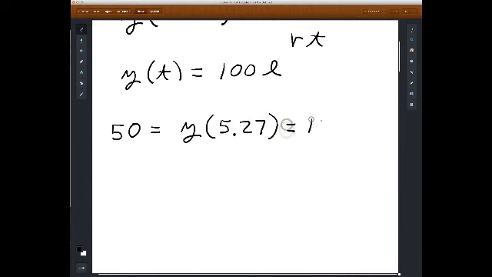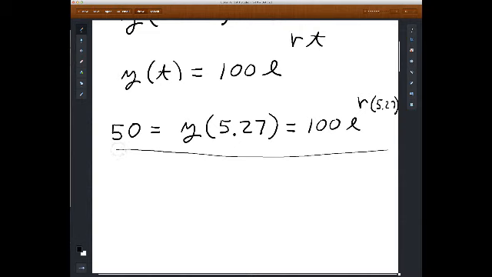So that's equal to 100 times e to the r times 5.27. We will now use this equation right here to try to solve for r.